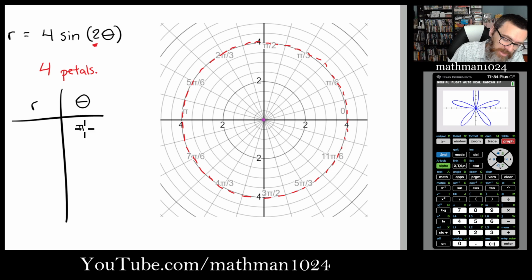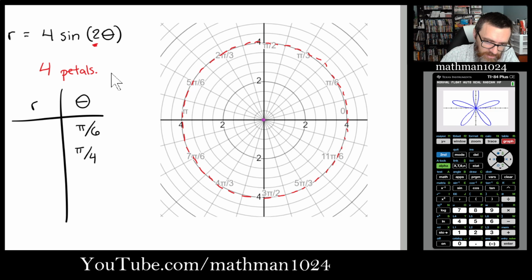If I try to plug in, say, pi over 6 or pi over 4, what happens here? Well, if I do pi over 6 into this, it gives me pi over 3.